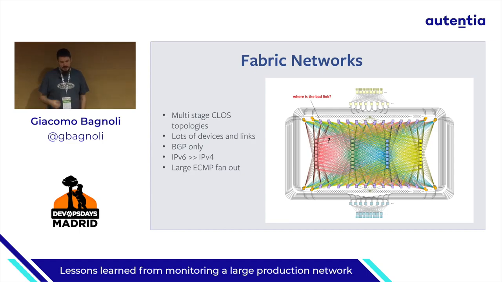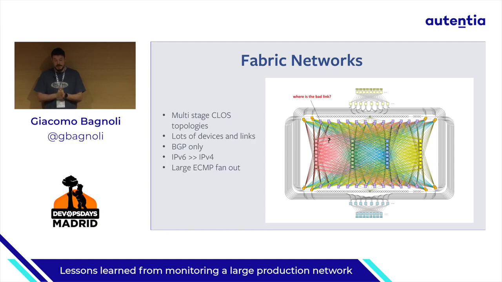We use this Clos in the data center. We have many links. Every route is configured via BGP only. Everything is IPv6, we almost don't have IPv4. And there are a lot of links, a dense mesh, and the packets are spread across this mesh.